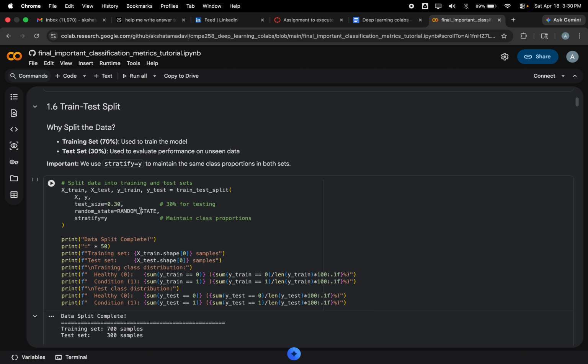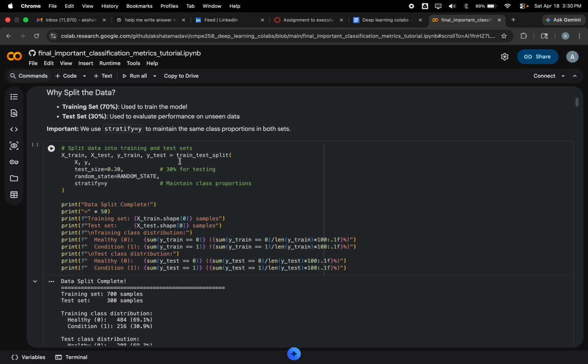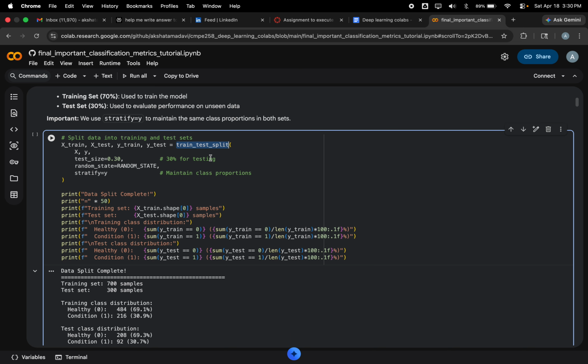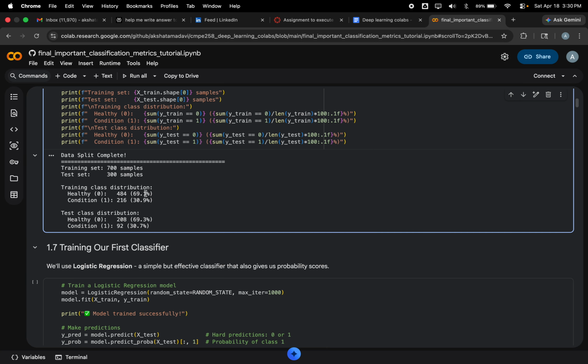This is how we are splitting the data using scikit-learn's train test split method. After splitting, you can see the distribution in the training data. It's very similar: 69.1% healthy records in training and 69.3% healthy records in test, and the same with the condition samples as well.